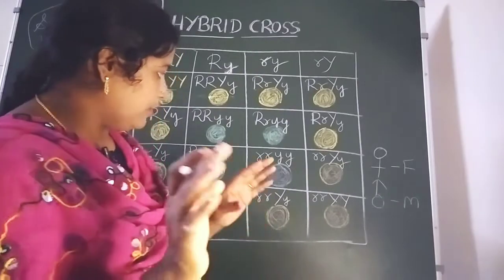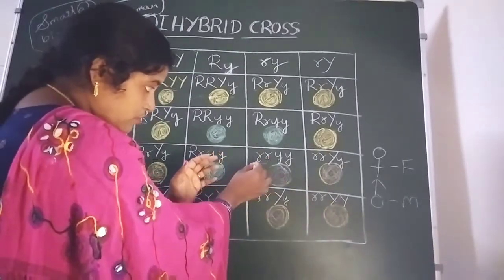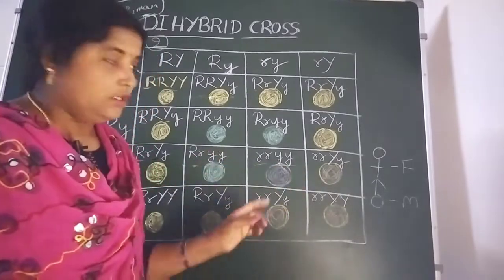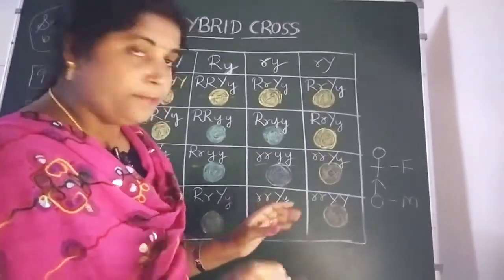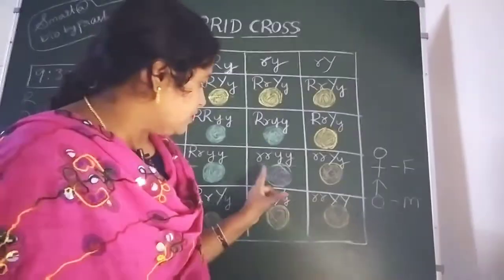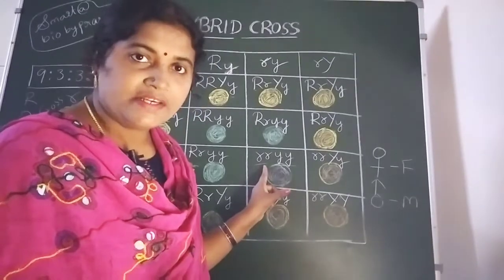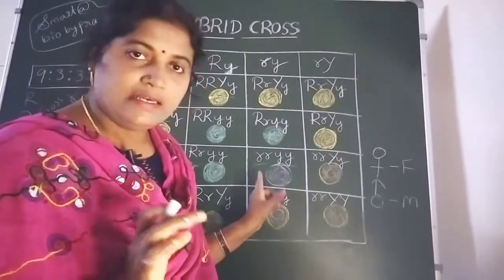And one more combination, the presence of 2 small r's and 2 small y's, means both are expressing their character. Small r indicates wrinkled, small y indicates green, wrinkled green.